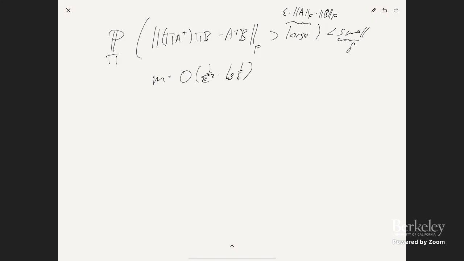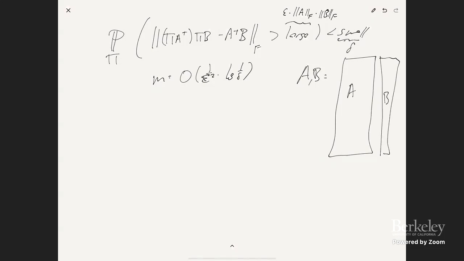So now pi A and pi B are smaller matrices. Think of N as huge, right? So remember A and B, they're huge matrices. They have a lot of rows, let's say. So pi A has many fewer rows. They can have different number of columns, but they have a lot of rows.